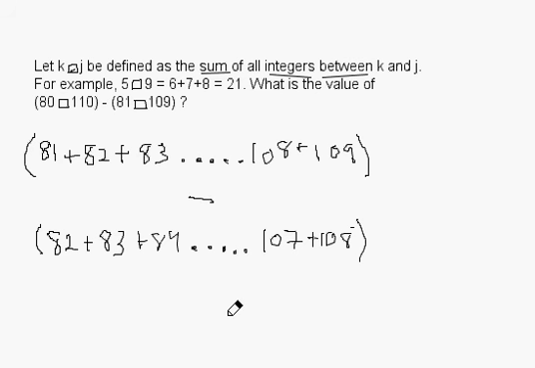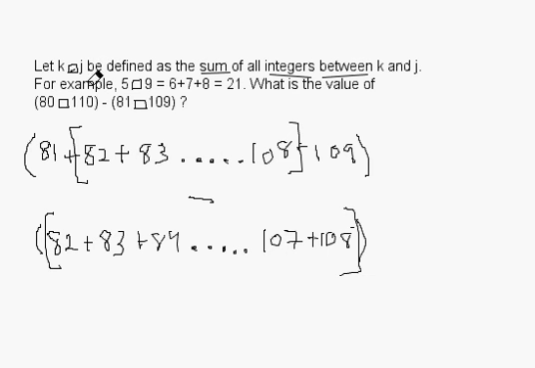Now, how do we know what that answer is without doing that all out on our calculator? Well, if we think about it, the sum of 82 all the way to 108 exists in this whole thing. So it's like subtracting a whole sum from the exact same sum, which is 0, right?